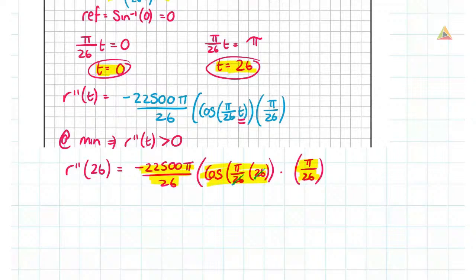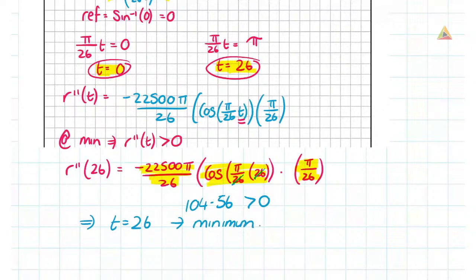But in short, you end up getting a positive answer, so you get something like 104.56, which we know is positive. So therefore, your t equals 26 is when your minimum revenue occurs. Like I said, if you want, go back and throw your 0 in here, and that should give you a negative answer, which shows that it is a maximum point.